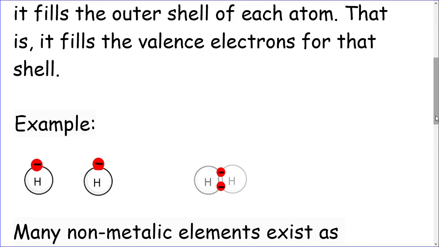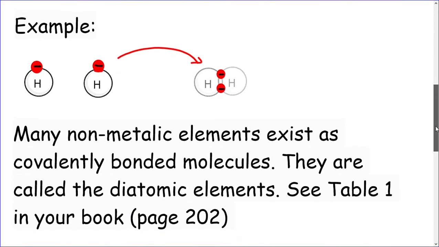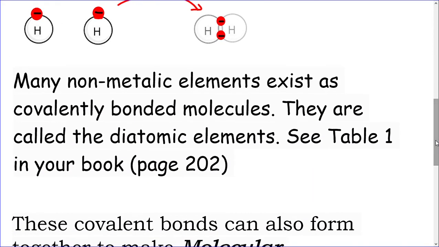If I take my hydrogen atoms and turn them to their sides, we can see how they would overlap, where I have this overlapping ring that covers 2 electrons for each one. It's like each one is donating an electron and sharing it with the other one in order to have a full shell.